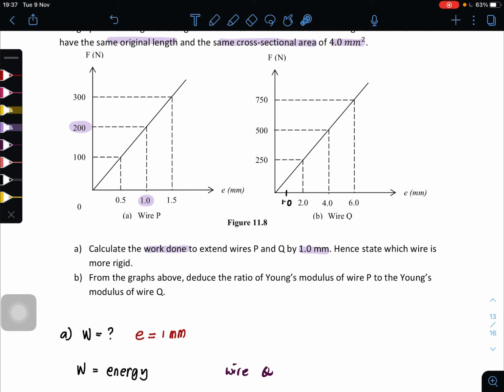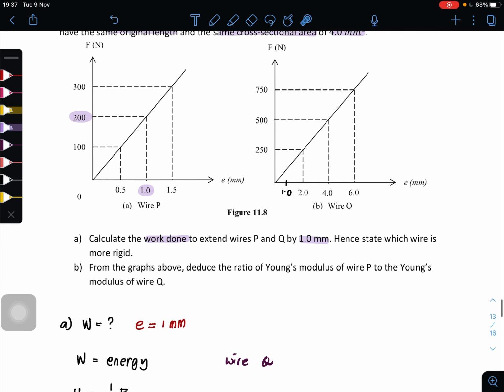So, apabila kita apply 250, it will elongate by 2 mm. And then kita double the force, kita tambah lagi 250, so kita apply force 500 Newton, the elongation will extend by 4 mm. So, tambah 2 dekat sini, ni pun tambah 2. Kamu boleh nampak pattern dekat sini.